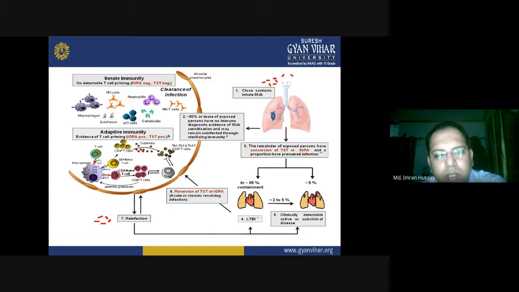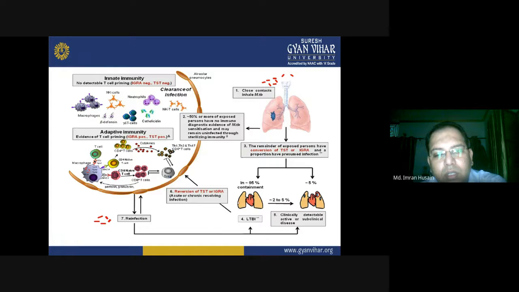Adaptive immunity, evidence of T cell priming. So T cells then come into contact with macrophages. CD4 naive cells come into contact with T cells, and there is some exchange of information with CD8 naive cells, perforin and granulysin.